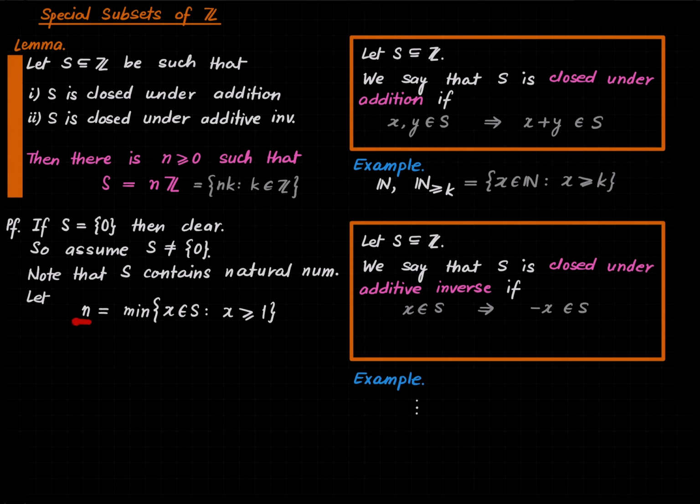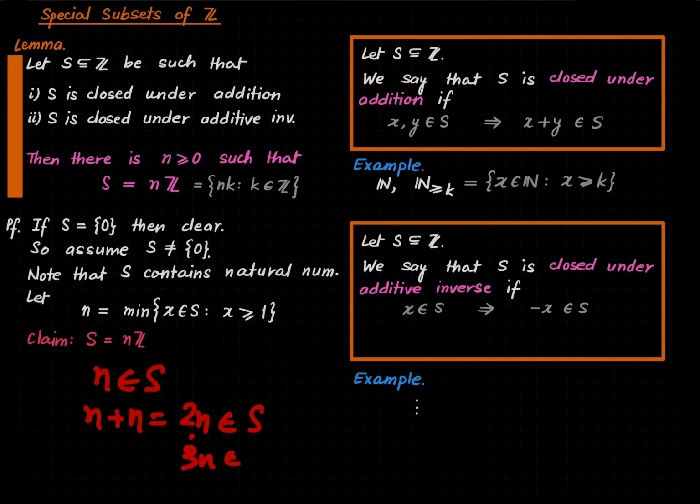So you pick that, and now we claim that S is equal to nZ. So first note that this containment holds. Once n is in S, nZ is definitely contained in S. Since S is closed under addition, n plus n, which is 2n, is also in S. Then you further add n to it, you get 3n.